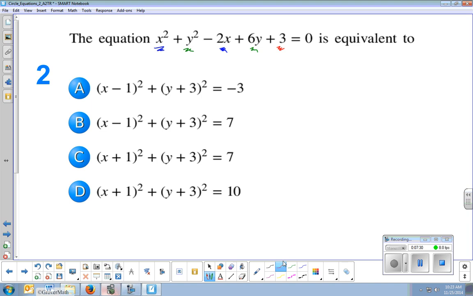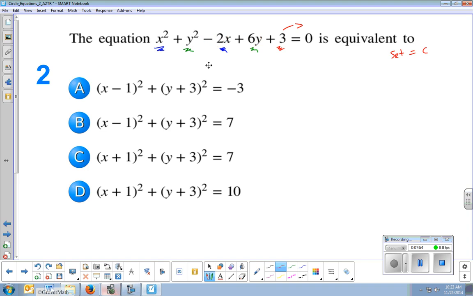And if you remember, for completing the square, the first thing we did was we set it not equal to 0, but we set it equal to the constant. So any numbers that don't have variables, they've got to be moved to the other side. And I want to rearrange this so my x's are together and my y's are together. Just make sure that everything keeps the sign, like this negative is going to stay attached to the 2, and the positive is going to stay attached to the 6.